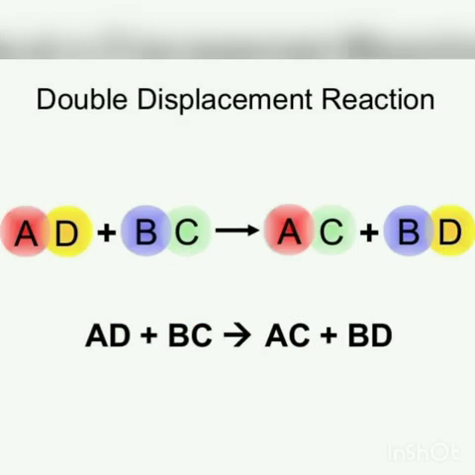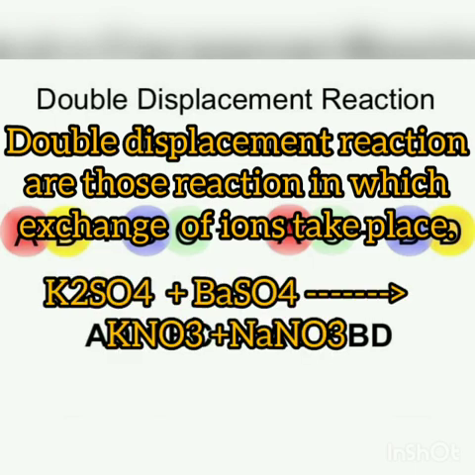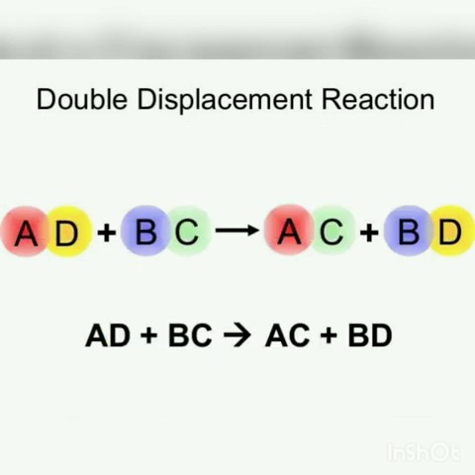Double displacement reactions are those reactions in which exchange of ions takes place, like K2SO4 plus Ba(NO3)2 gives out KNO3 plus BaSO4. Dear students, for a detailed description of these reactions, you can see my previously uploaded videos. I have shared the link in the description.